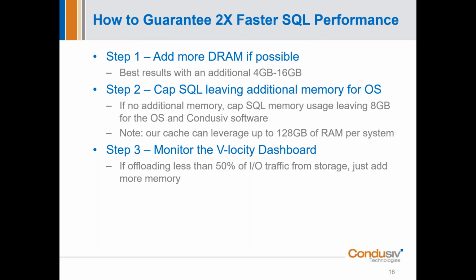Of those 3 or 4 gigabytes, the first gigabyte and a half, we do not even touch. We leave that available for the OS in case it needs it. And by the way, if the OS needed more and we're using some of that memory, we'll automatically flush our cache and give it back to the OS to use.